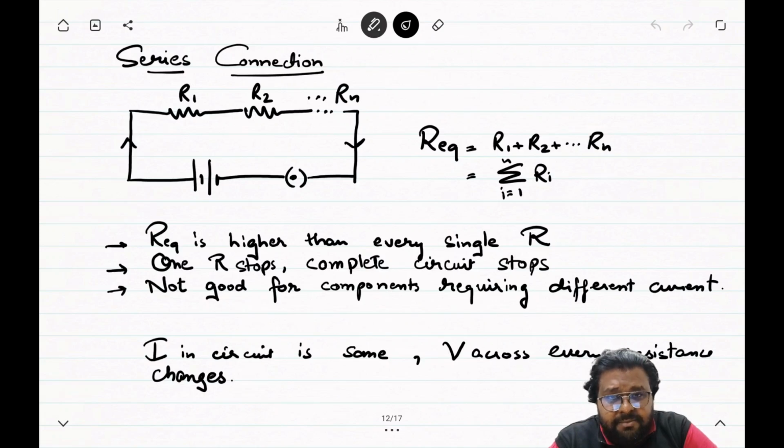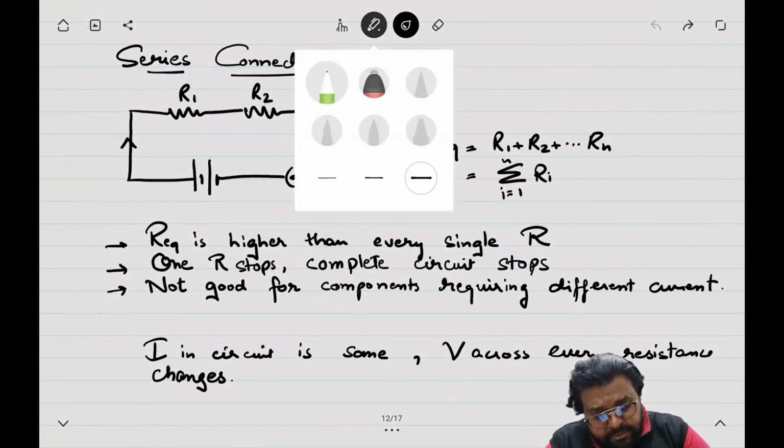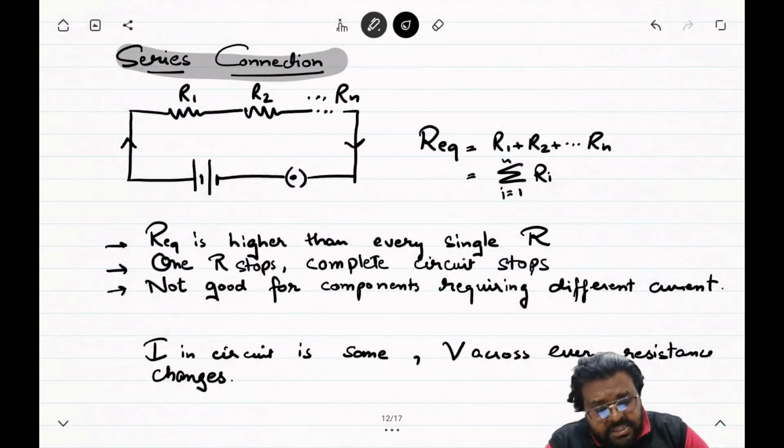One is the series scheme, one is the parallel scheme. In the series combination, if I connect resistances such that they are connected end to end, one end is the beginning of the other resistance, then these resistances are said to be connected in series.